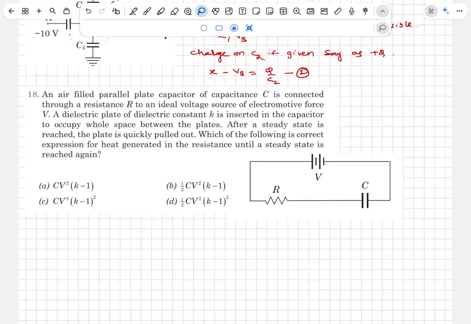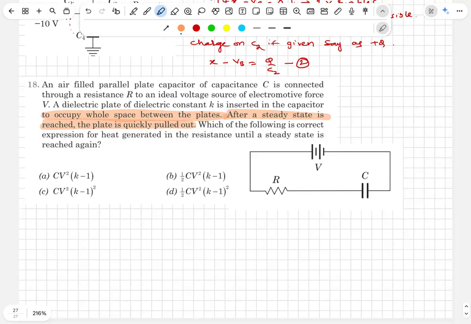A dielectric plate of dielectric constant K is inserted in the capacitor to occupy, very important, the whole space between the plates. After a steady state is reached, the plate is quickly pulled out. Which of the following is the correct expression for heat generated in the resistance until a steady state is reached?